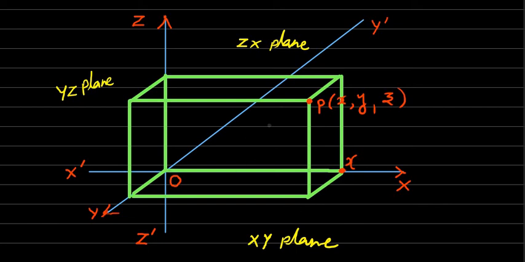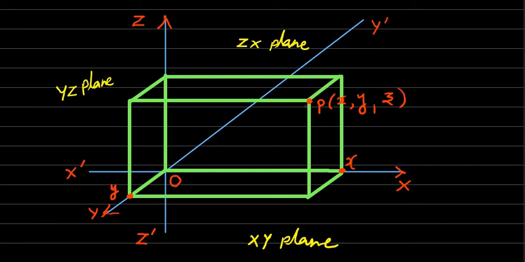Similarly, this plane passing through the point P and parallel to the ZX plane intersects the y-axis at this point, and this point has the real number y as its value, and coordinates of this point will be 0, y, 0.